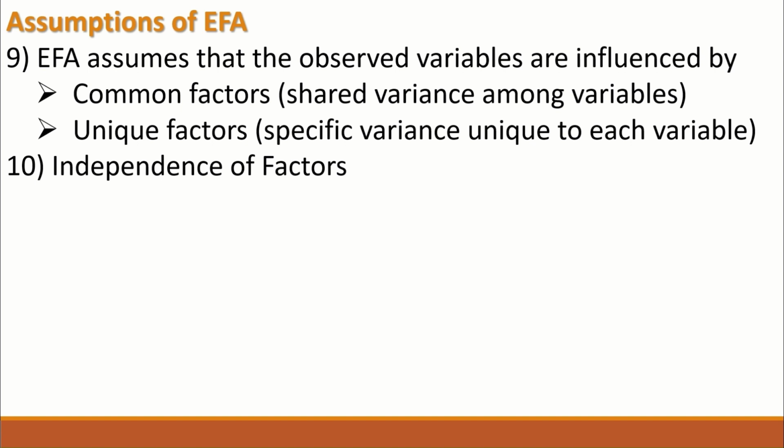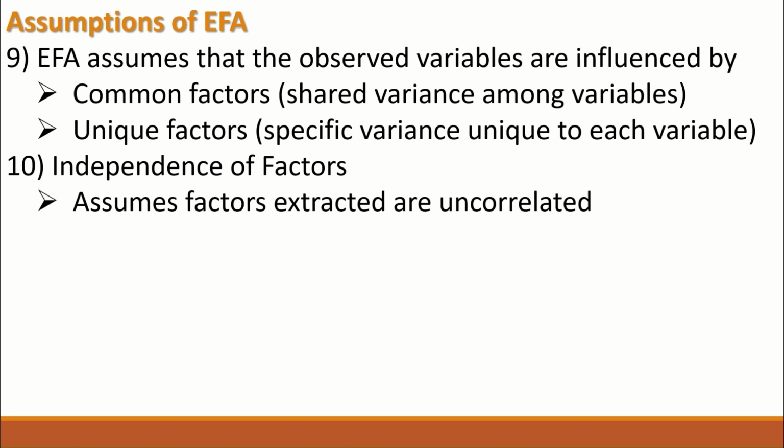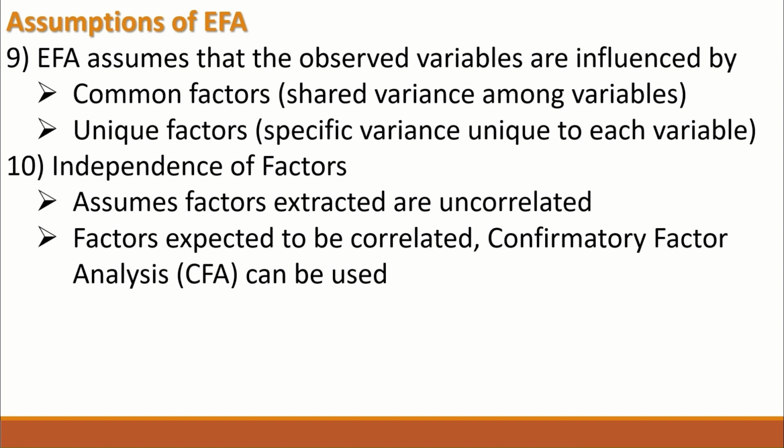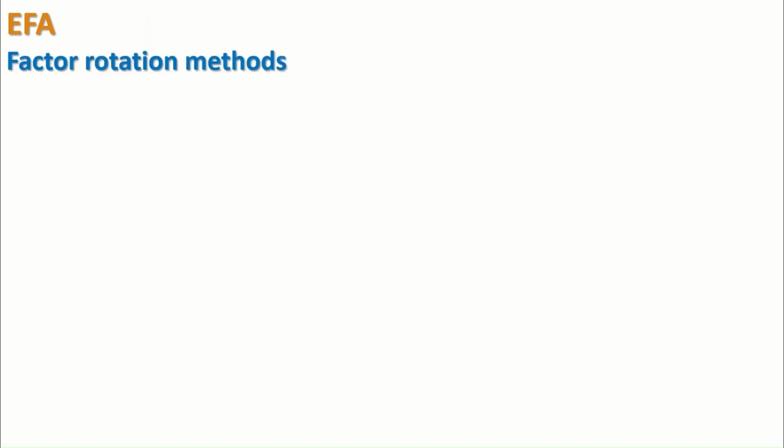And number 10 is the independence of factors. EFA assumes that the factors extracted are uncorrelated. If the factors are expected to be correlated, then confirmatory factor analysis can be used.